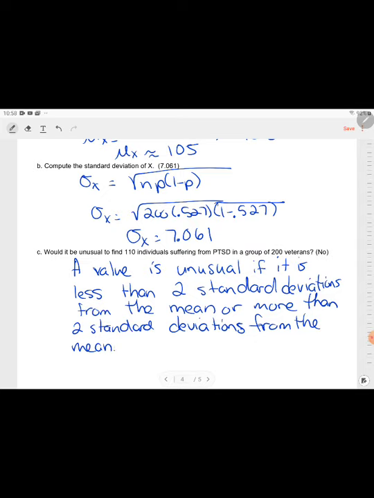Okay, our mean is approximately 105, but we'll go ahead and use the exact value that we got, which was 105.4.